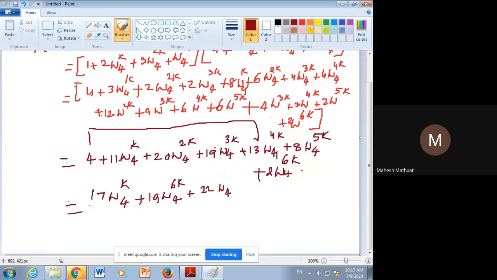Anybody? 3k, no, 22. 11 is added with this one, like 20 is added with this one. So it is 22 W4 to the power 8k, then plus 19 W4 to the power 3k.